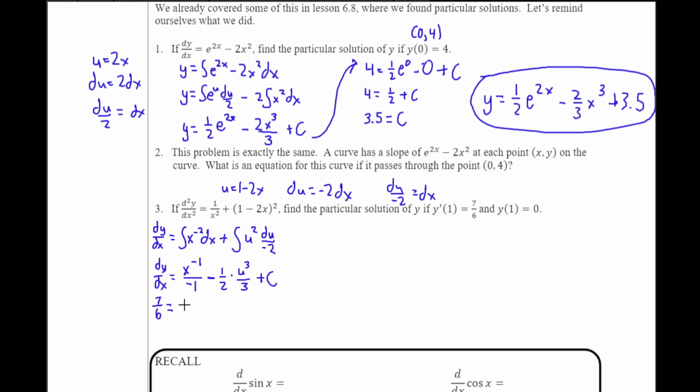plugging in the x for 1. So that's negative, well, x to the negative 1, that's just 1 over 1 minus 1/2. So remember, u is 1 minus 2x. So it's going to be 1 minus 2 times 1, which is just 1 minus 2 cubed over 3 plus c.